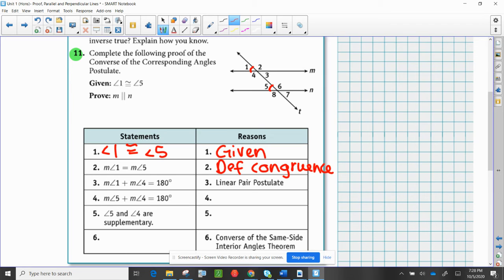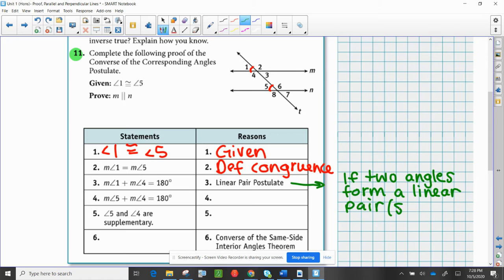And that's the linear pair postulate, which we haven't talked about yet, but your book for some reason decided to throw that in, which that postulate just says if two angles form a linear pair, aka straight line, okay, then they are supplementary.